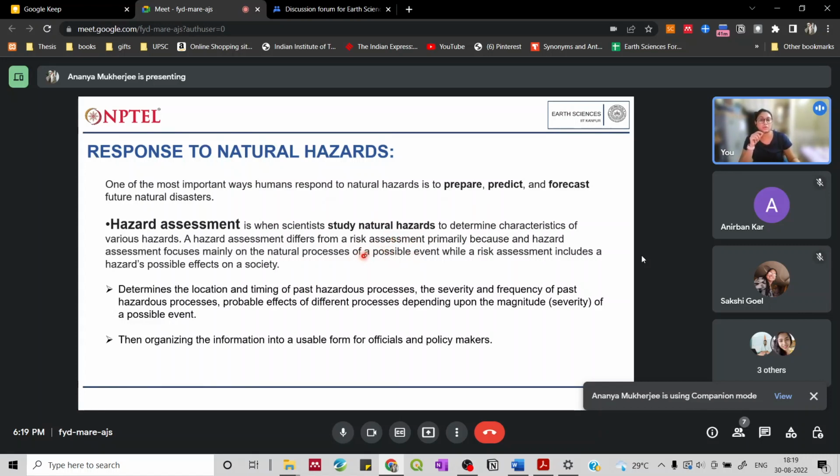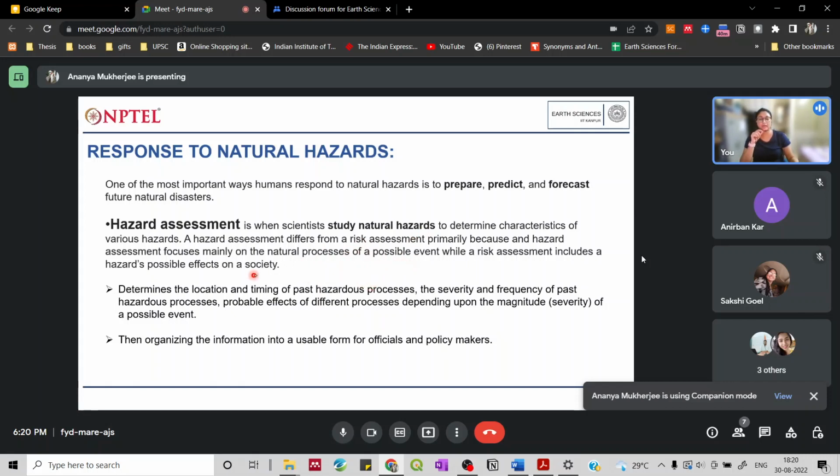This concentrates on understanding the location and the timing of the different hazardous processes, whether it has been a recurring event or it has happened once in a while, and also the severity of the hazard, like how severely it affects the areas around that site, and the magnitude of past events that have happened before, and also try to predict the possible severity of it happening in the future.